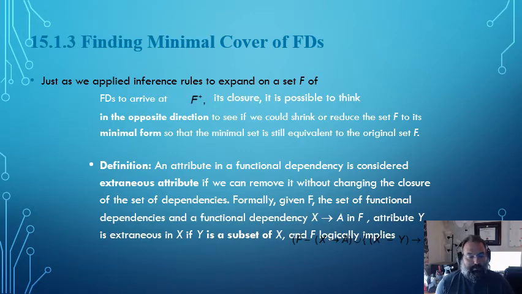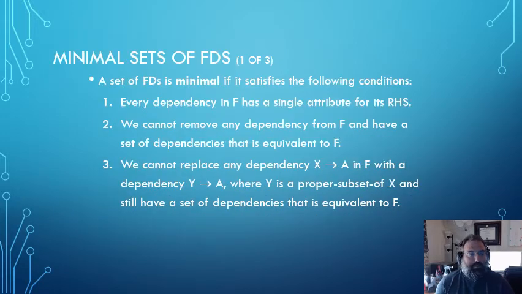Given F, the set of functional dependencies, and a functional dependency X implies A in F, attribute Y is extraneous in X if Y is a subset of X and F logically implies the reduced dependency. A set of FDs is minimal if it satisfies the following conditions.